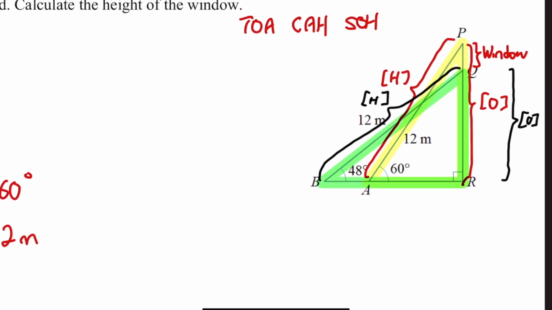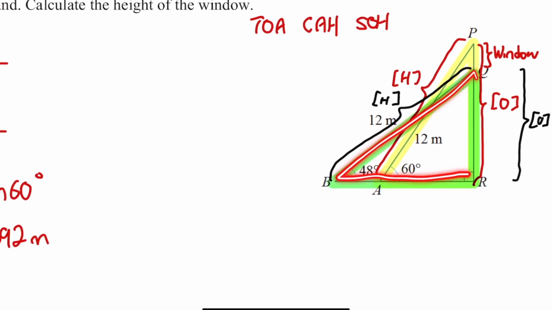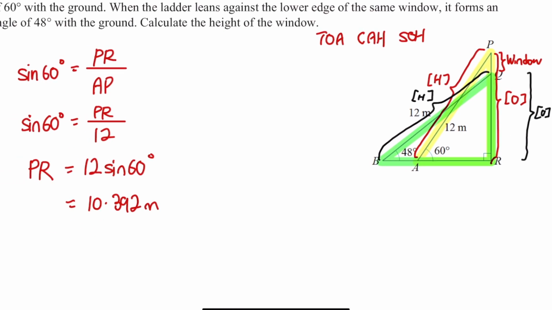Based on this green triangle, again, I want to find this opposite length. I know that the hypotenuse is the ladder length, which is 12 meters, and I know that this angle here is 48 degrees. So I want to find the opposite and I know the hypotenuse, so I have to use sine again.